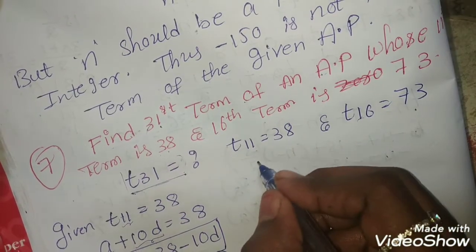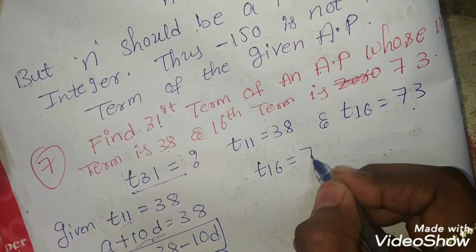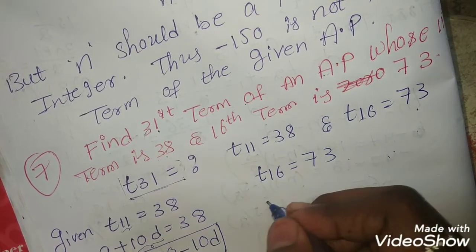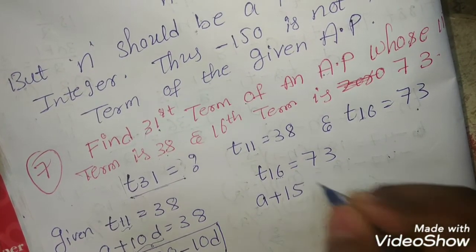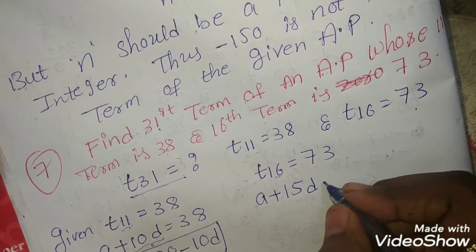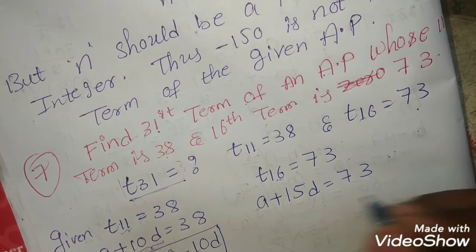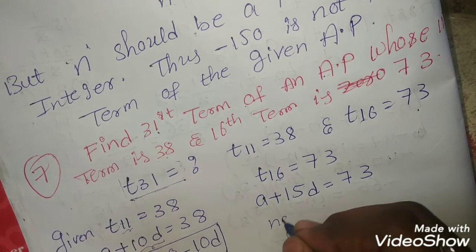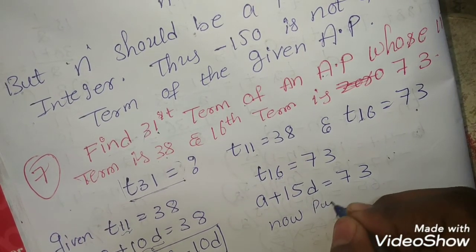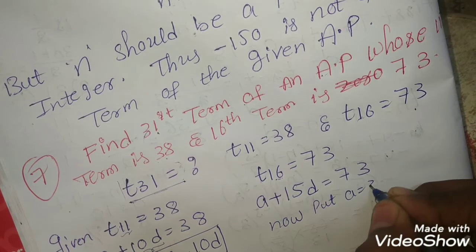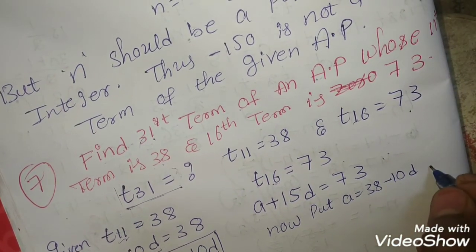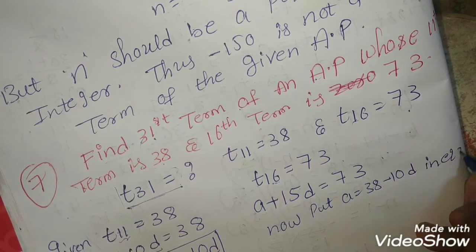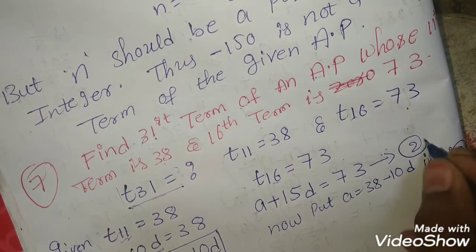Also given T16 is equal to 73. What is the T16 formula? A plus 15D is equal to 73. Now put A is equal to 38 minus 10D in equation 2.